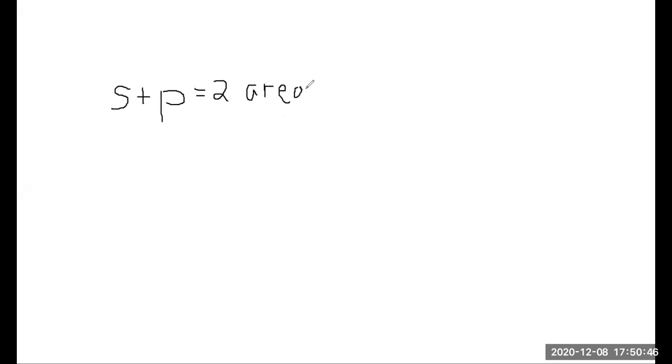So basically, imagine that your S had a little 1 above it, and that your P had a little 1 as a superscript. So 1S and 1P gives you 2 areas, but that also means that you have sp hybridization. You can't have less than 2 areas, not in general chem anyway.